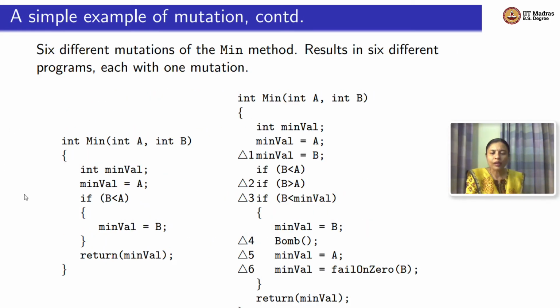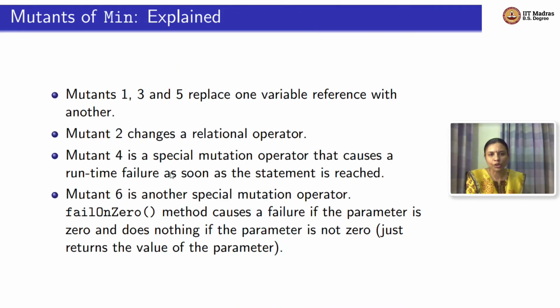Mutant 2, which is delta 2 here, changes this relational operator inside the if statement. So it replaces B less than A with B greater than A. That's mutant 2.